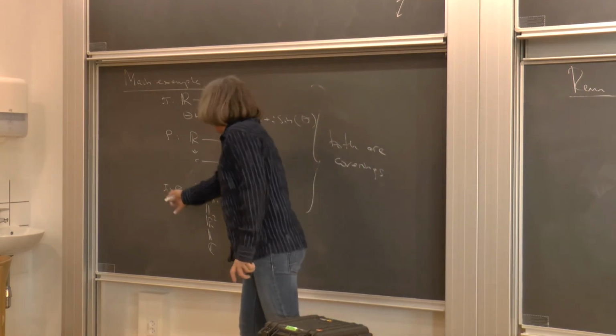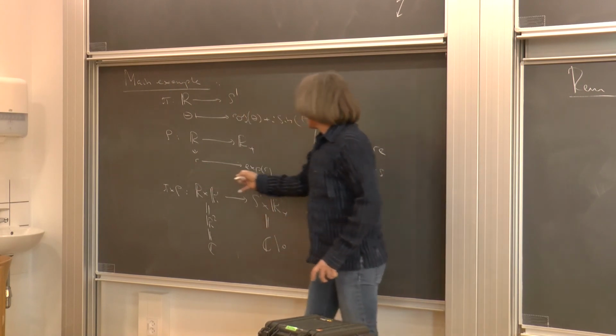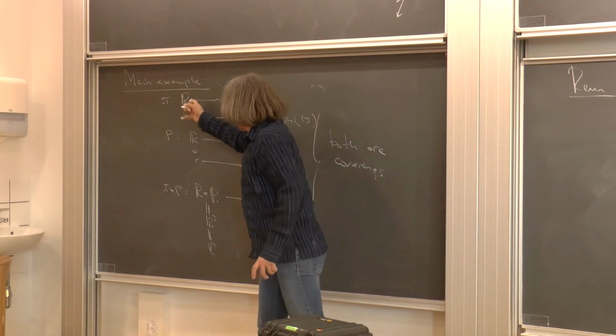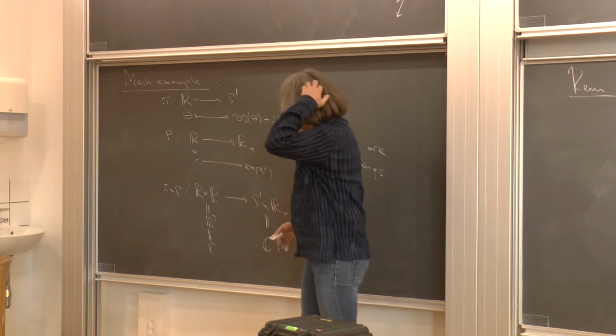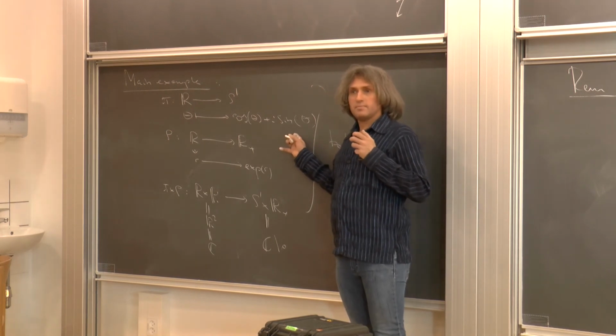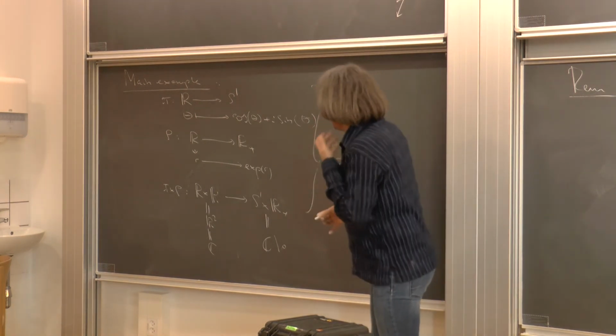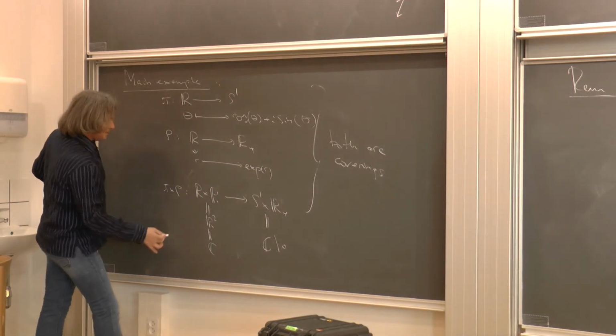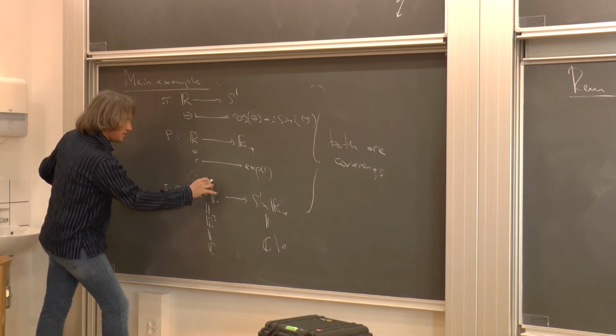Now, let's see what this map does. It takes the radius to the exponential of the radius, and it takes the argument to this. So if you think about it, in terms of complex numbers, this will be the real part, this will be the imaginary part.